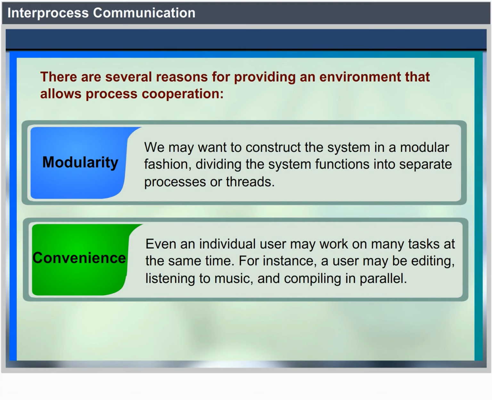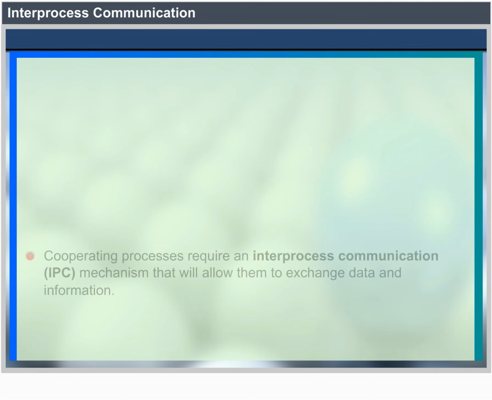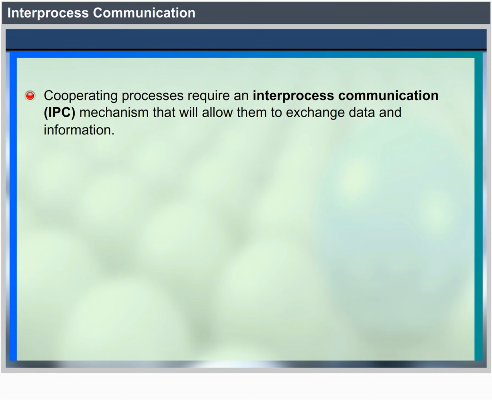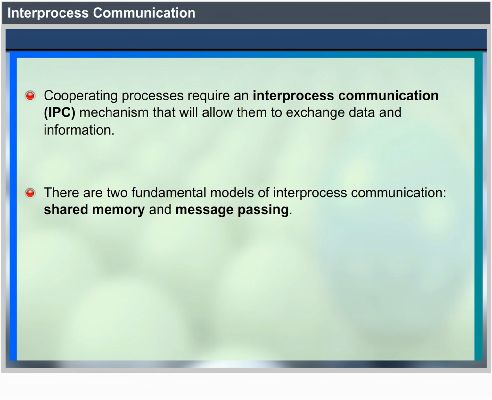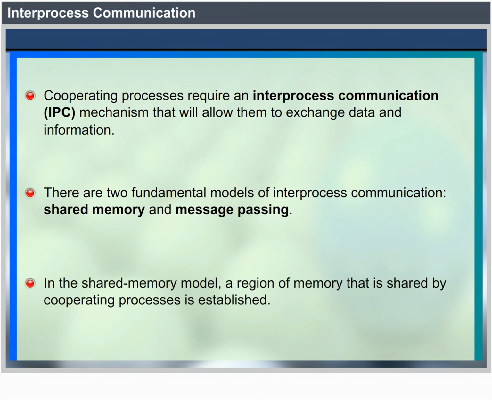Cooperating processes require an inter-process communication (IPC) mechanism that will allow them to exchange data and information. There are two fundamental models of inter-process communication: shared memory and message passing. In the shared memory model, a region of memory that is shared by cooperating processes is established.